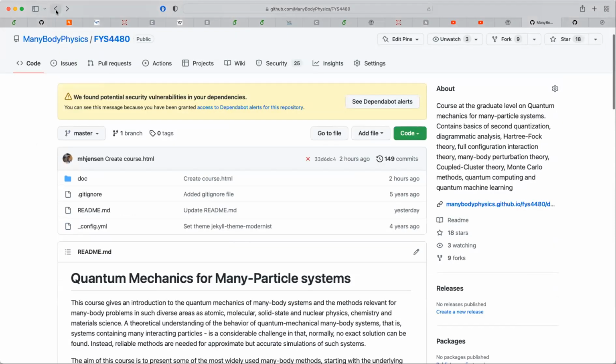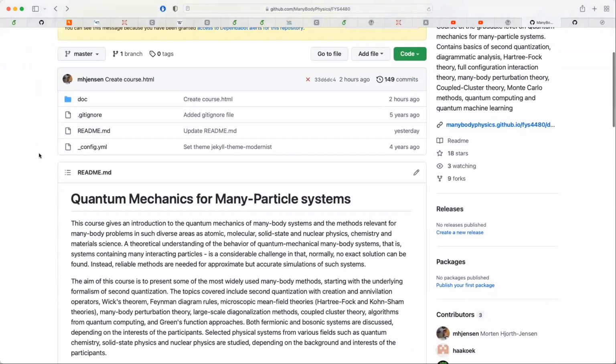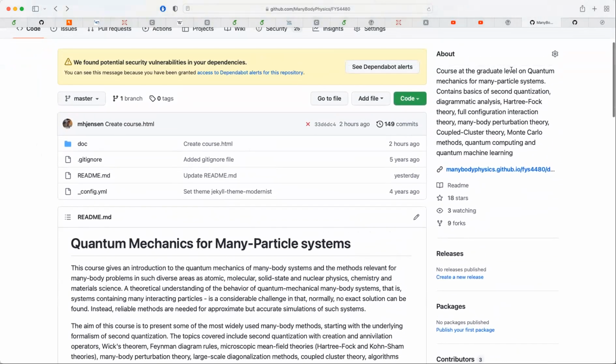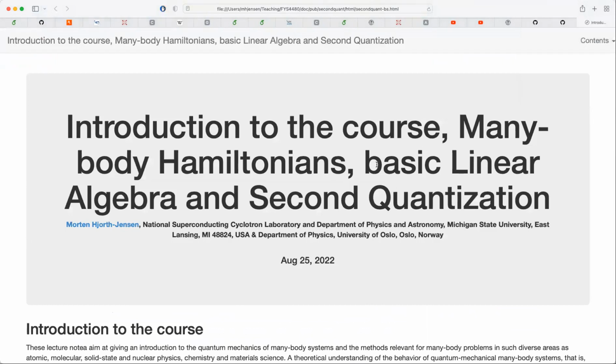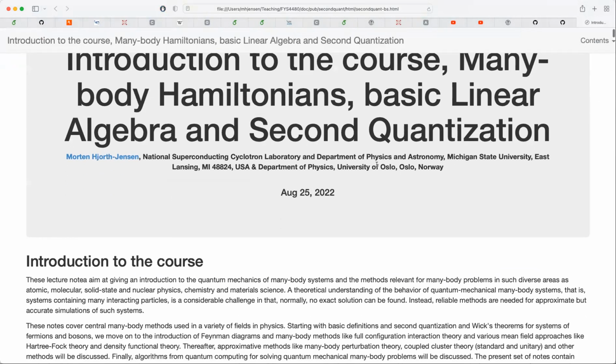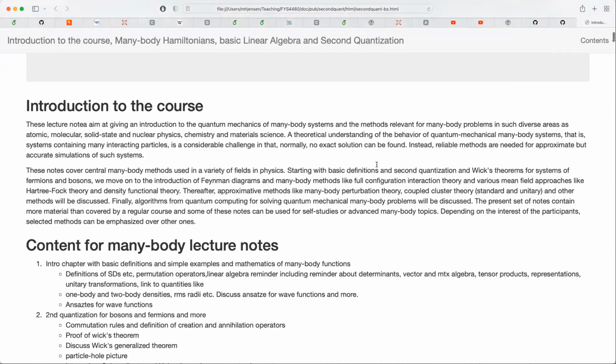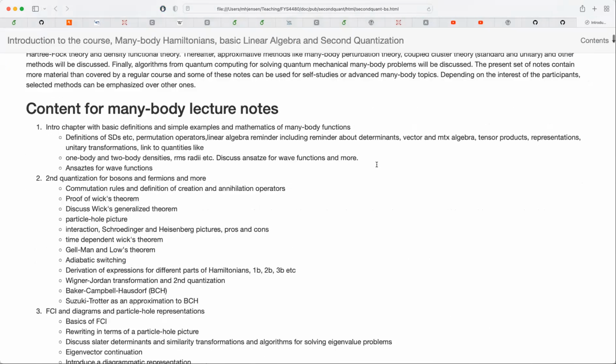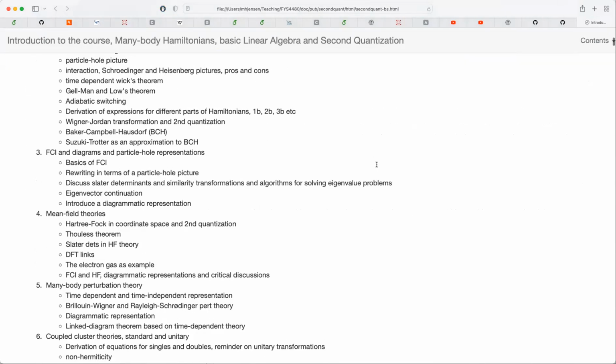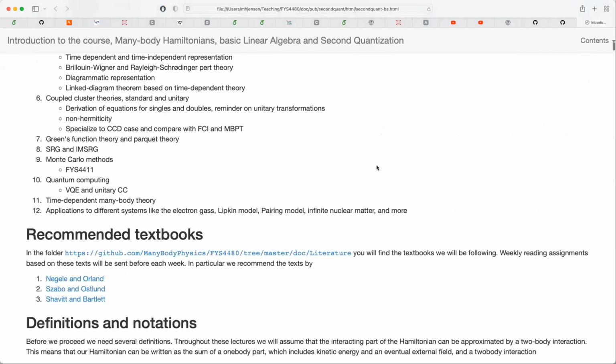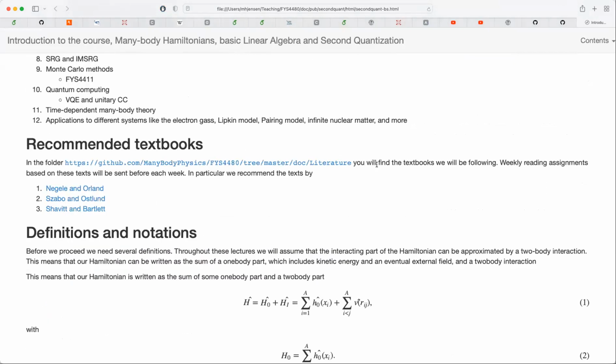So this was just a quick reminder, and the material which I'm covering this week is given by these slides here. It's an introduction to the course, linear algebra, but I'm going to dive quickly into the whiteboard so that we can remind ourselves of some of the technicalities here.